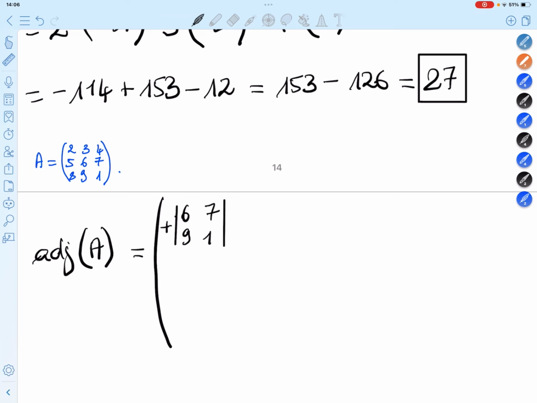Now first row, second column would be a negative, then we hide this and this, so 5, 7, 8, 1. Then a positive sign, we hide this and this, 5, 6, 8, 9.